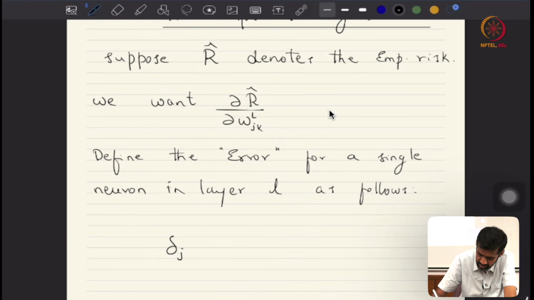Delta JL. So write this as the derivative of R, the function that we are trying to take the derivative with respect to, with respect to this.